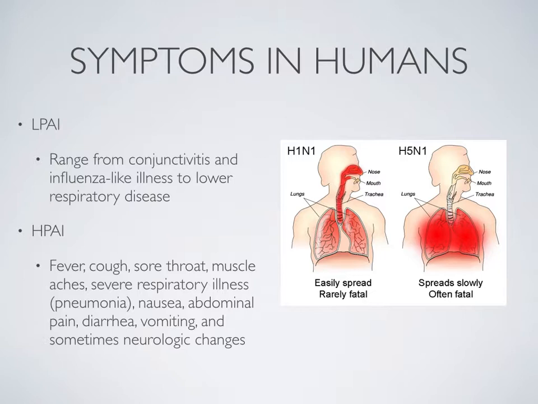Highly pathogenic avian influenza (HPAI) has been associated with a wide range of illness, from conjunctivitis only to influenza-like illness to severe respiratory illness, which includes shortness of breath, difficulty breathing, pneumonia, acute respiratory distress, viral pneumonia, and respiratory failure. It also can include multi-organ disease, sometimes accompanied by nausea, abdominal pain, diarrhea, vomiting, and even neurologic changes, like altered mental status and seizures.